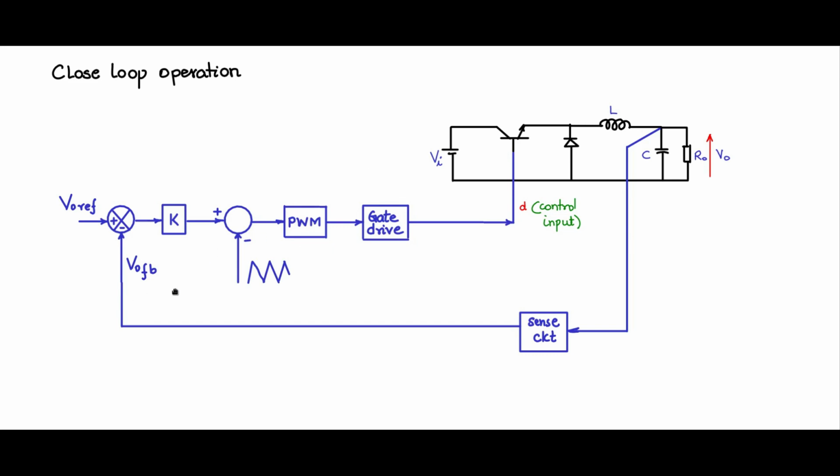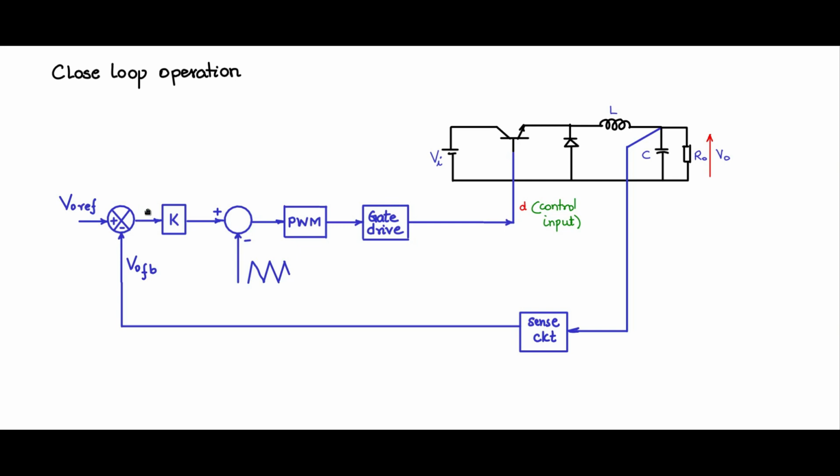It is now required that we design the value of this controller gain K. If we properly choose this controller, then we can ensure that the error here will be 0, and the V naught feedback will match V naught reference, and your output will be regulated as per the desired reference.